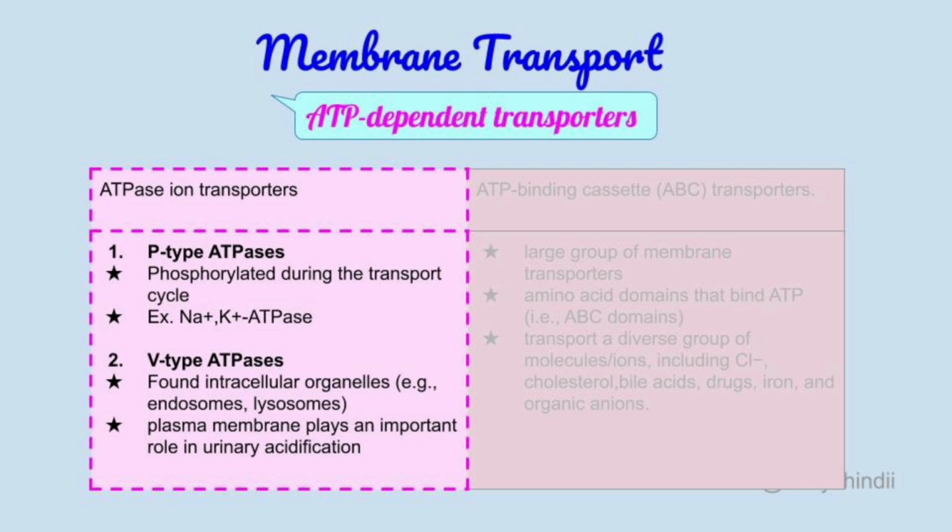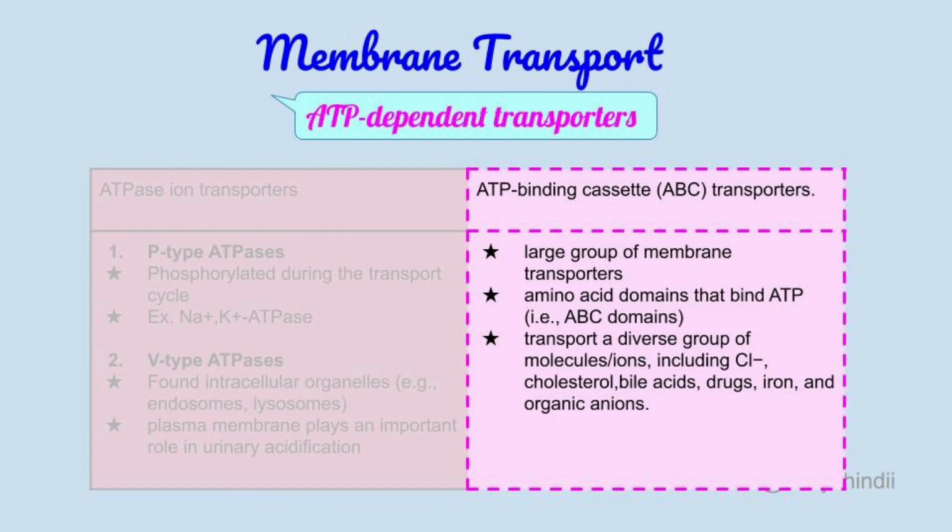It plays a critical role in establishing the cellular ion and electrical gradients as well as maintaining the cell volume. The second subtype is the V-type ATPases, found in the membranes of several intracellular organelles, such as the endosomes and lysosomes. As a result, they are also referred to as the vacuolar H-ATPases.